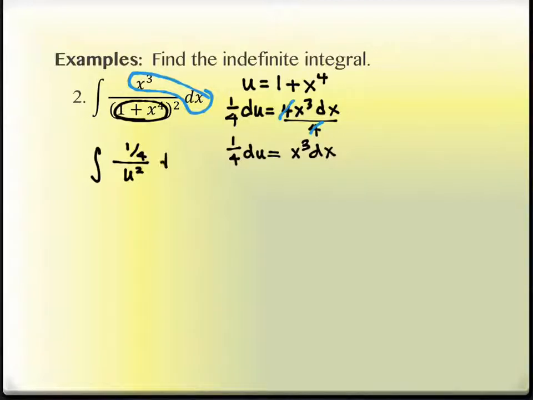And the rest of it's going to be replaced with the du. So there's that 1/4 and the du. And we don't have a denominator or quotient rule kind of process, but we do have the ability to rewrite this like this, right? So, what is the antiderivative of 1/4 u to the negative 2?